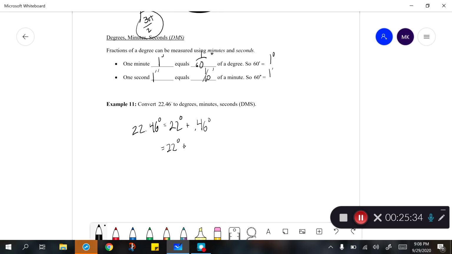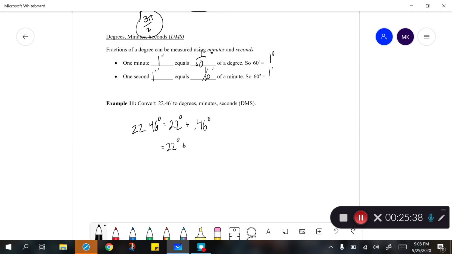The way we deal with that is we take our 0.46 degrees and multiply that by 60 minutes in 1 degree. The degrees cancel.